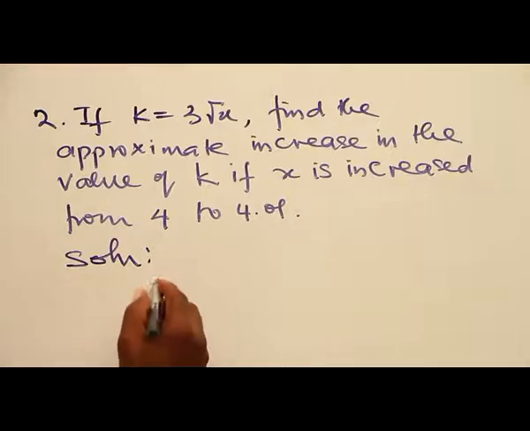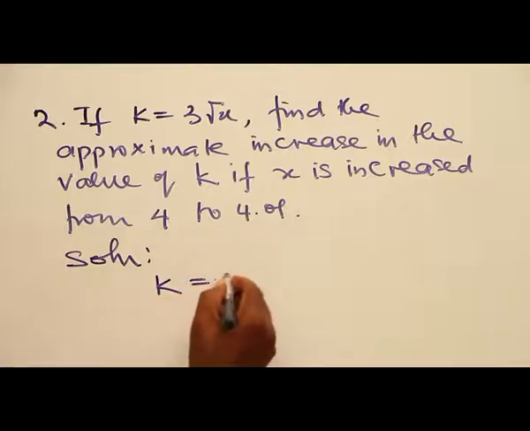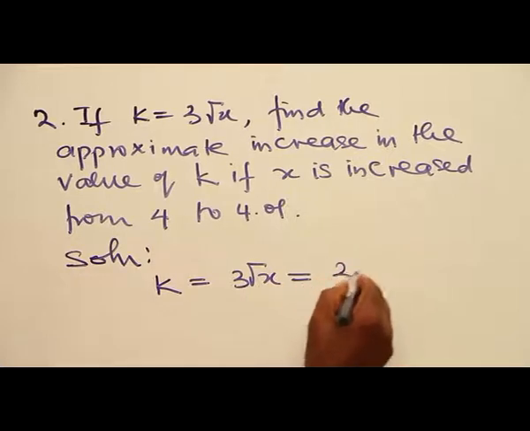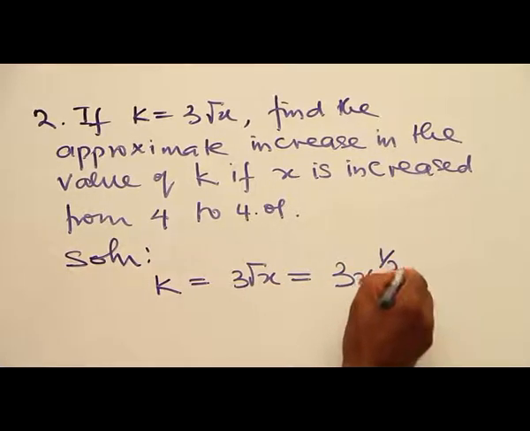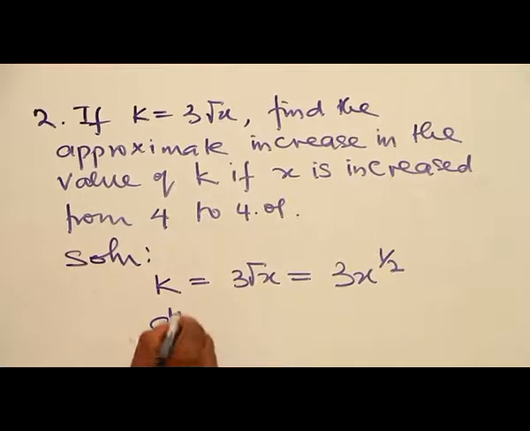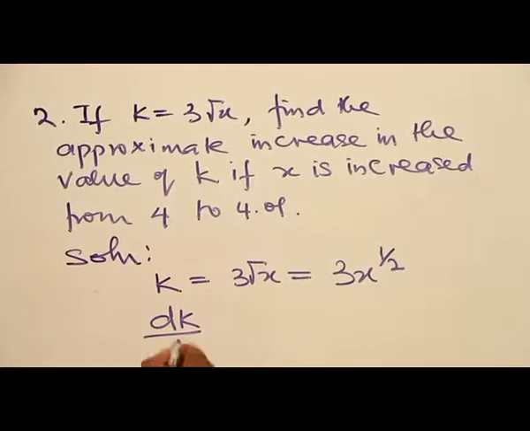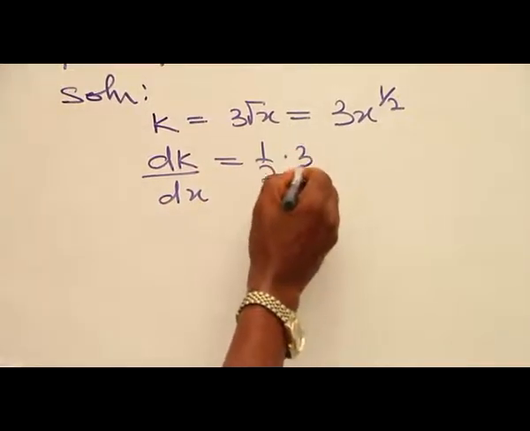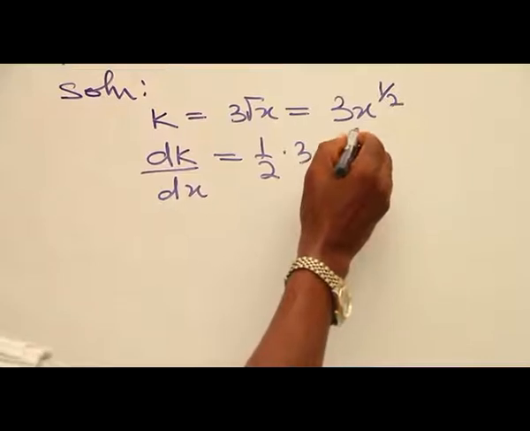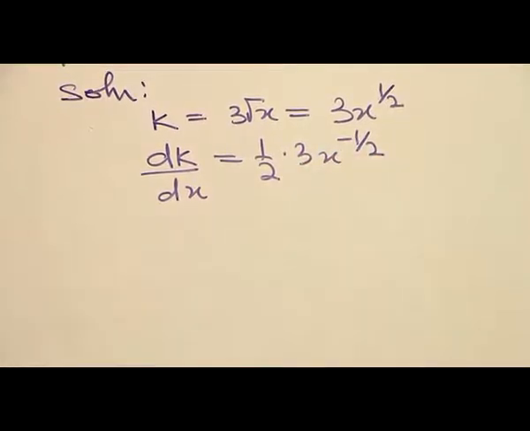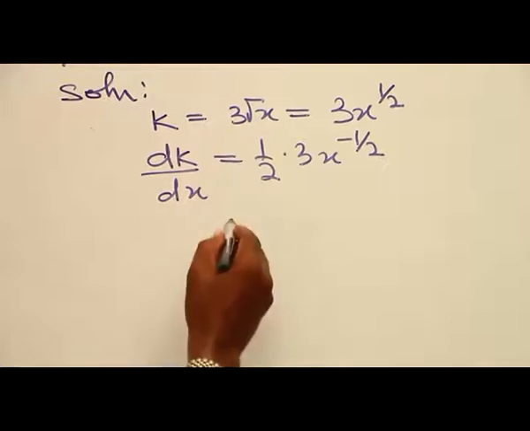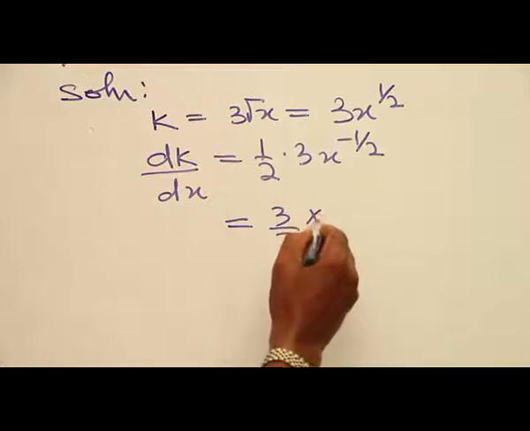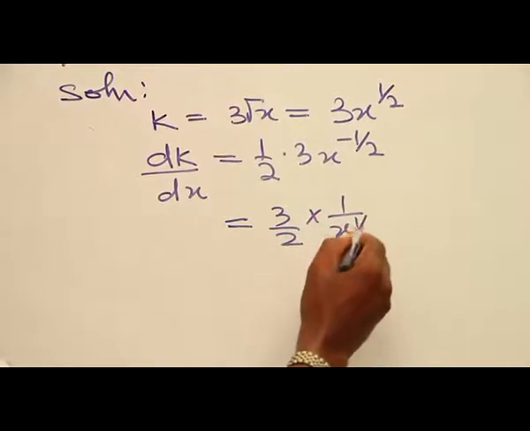So here we have k is equal to 3 root s, and that can be written as 3 into s raised to power half. Now we can find the derivative of k with respect to s. That will give us half times 3, and then s raised to power minus half, because half minus 1 will give you minus half. So eventually this is going to be 3 all over 2 times 1 all over s raised to power half.